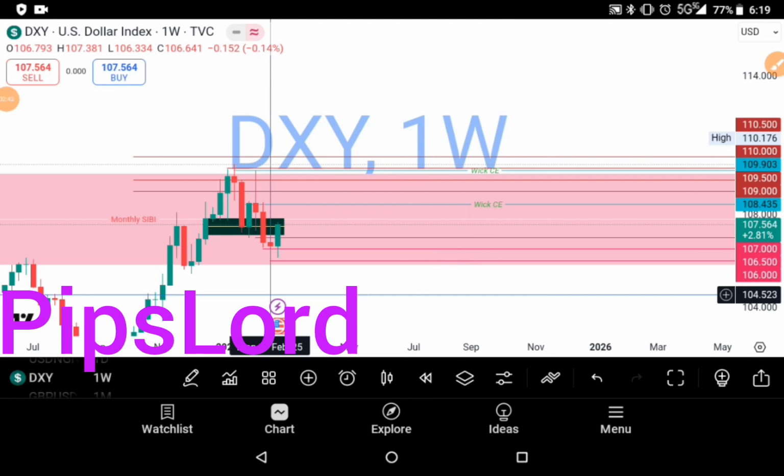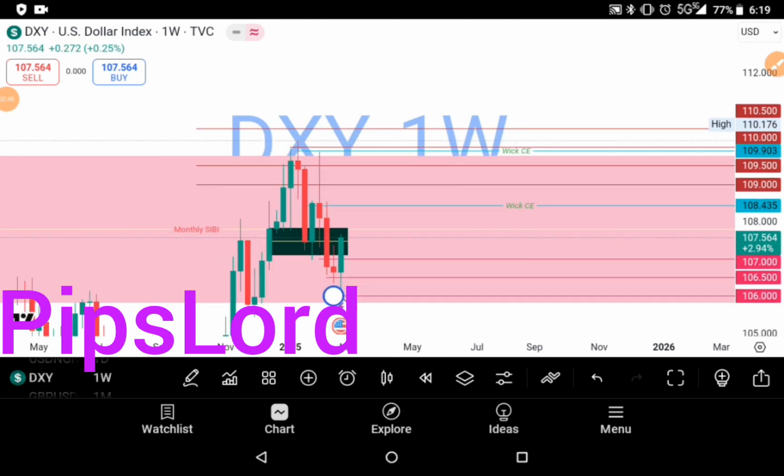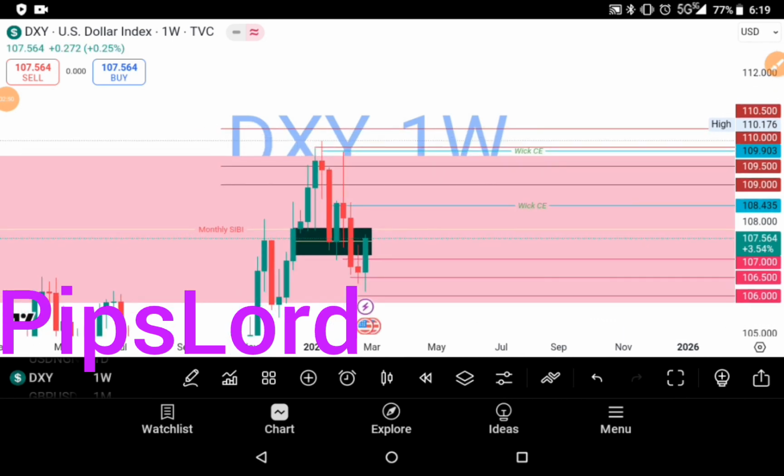This is how I'll be watching the dollar index. On the monthly charts, I have this CB indicated. The market price still stays below the CB.